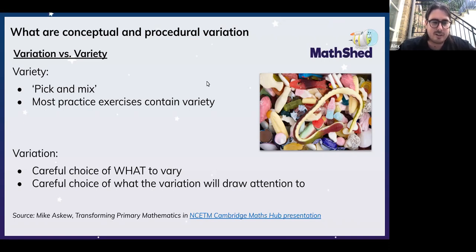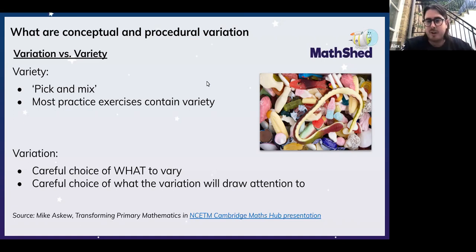The difference between variation and variety is that with variation you choose very carefully what it is that is varied between each question, and also often the sequence of questions, such that there's a careful choice of what the variation is drawing attention to.